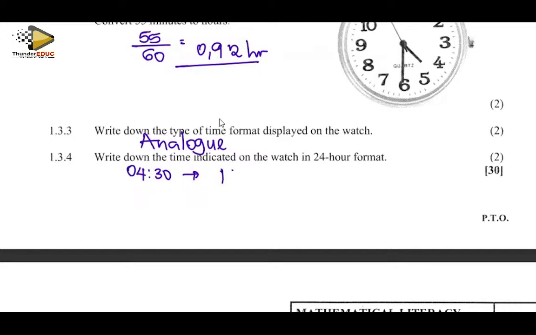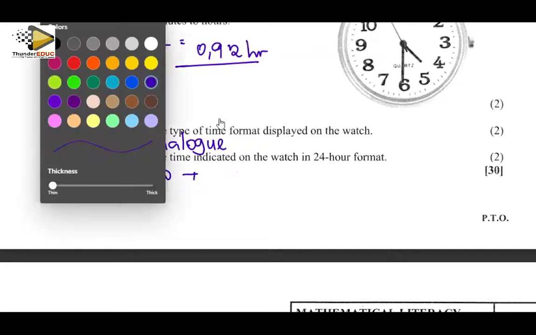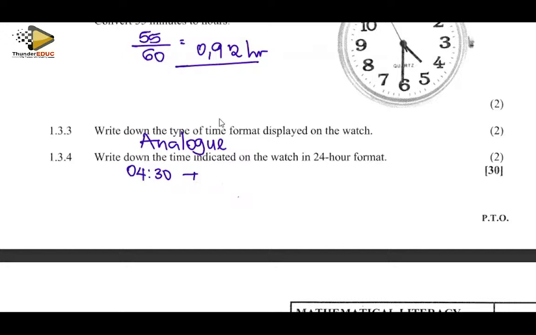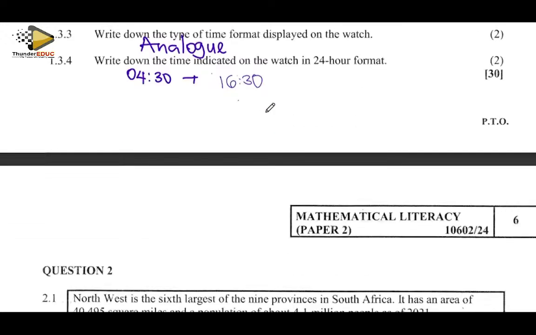If it was in the afternoon, then it would have been this much, in digital format. 16:30 if it was in the afternoon.